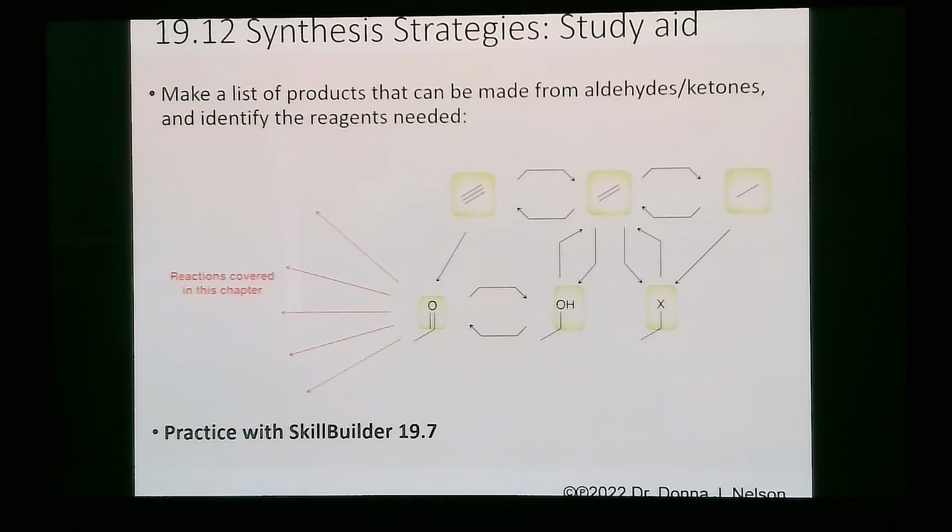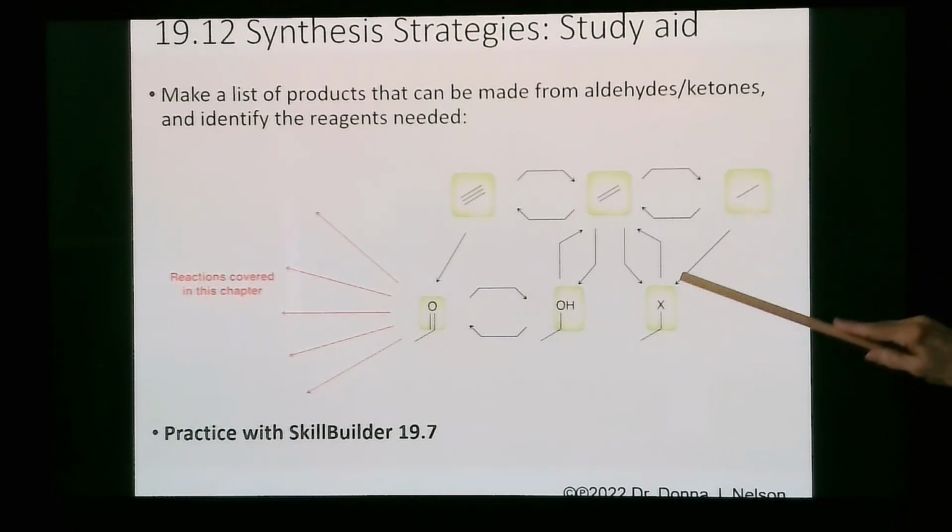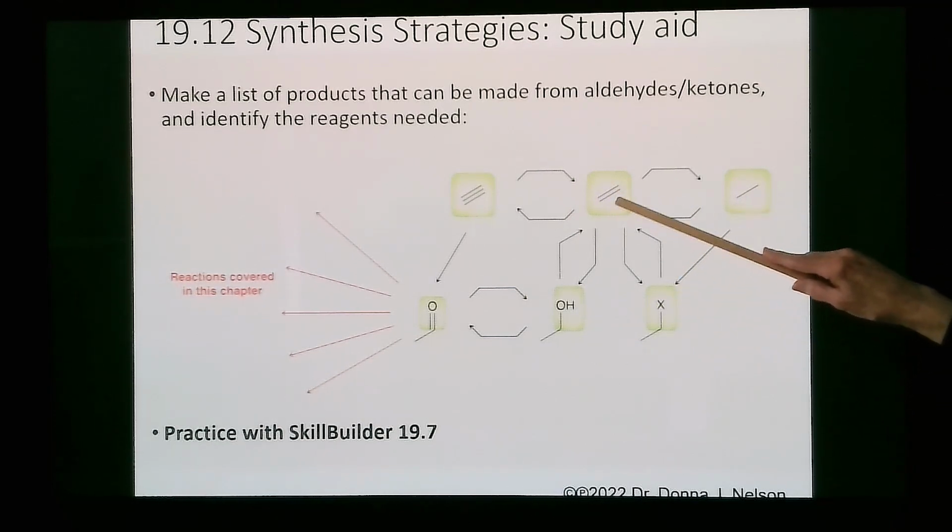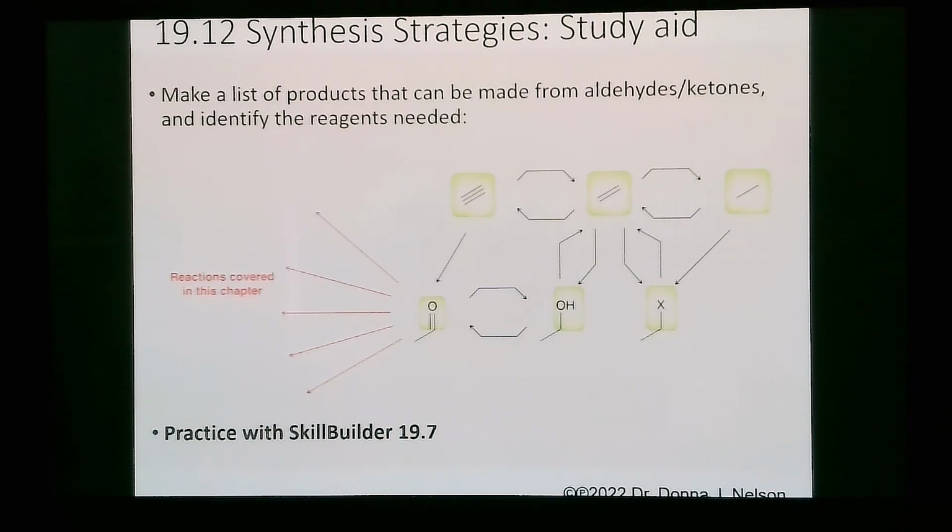This is a nice review sheet for you. You can go in and print this off from the PowerPoint file that is available to you for this lecture. All of these reactions you've already had. This sort of reaction you had in chapter 7, reactions of alkenes you had in chapter 8, reactions of alkynes, chapter 9, reactions of alcohols, chapter 12.